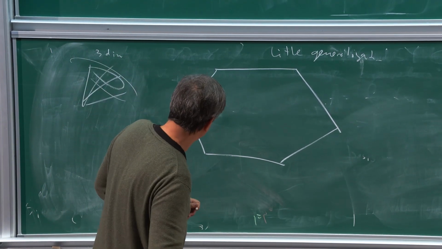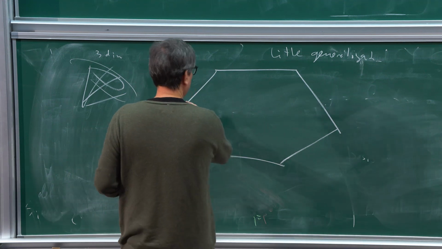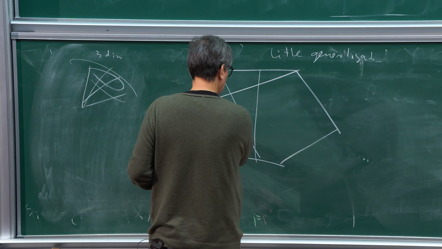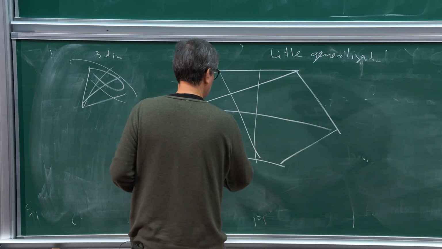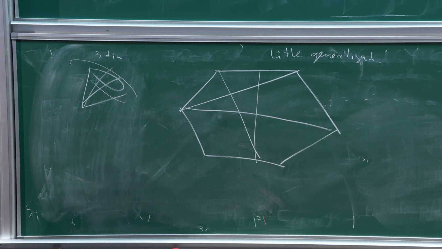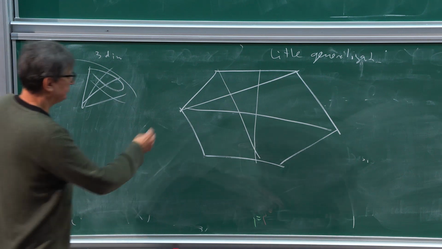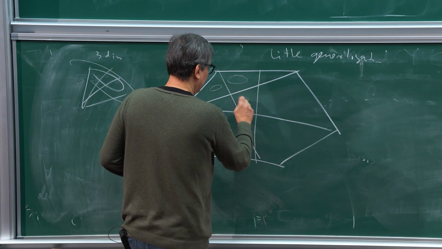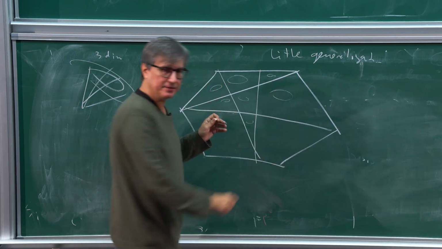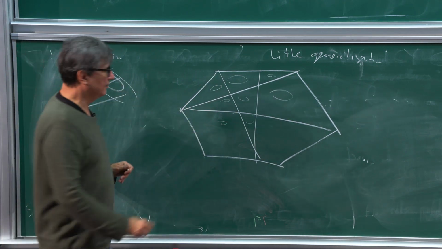So I have a polygon, and now I cut it by some lines into some pieces. My set X tilde will be just the domains in this picture.